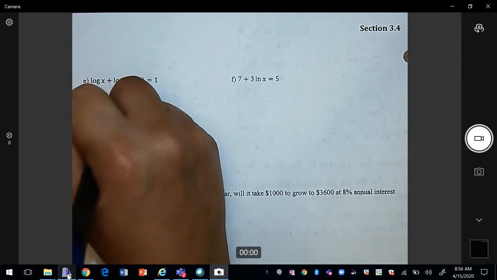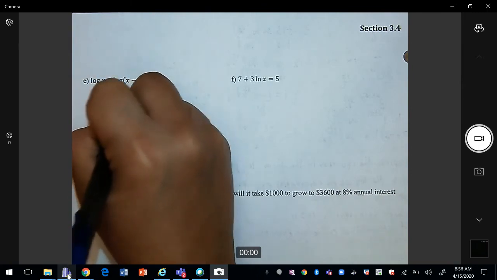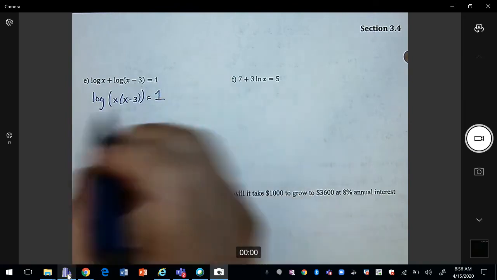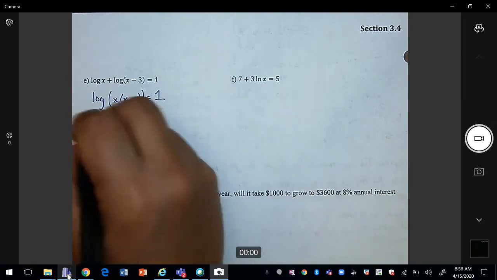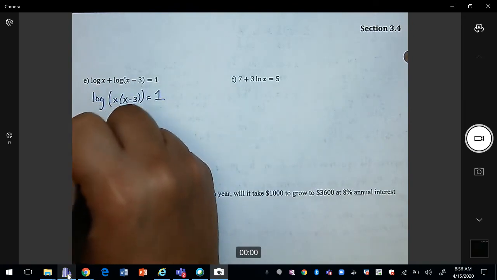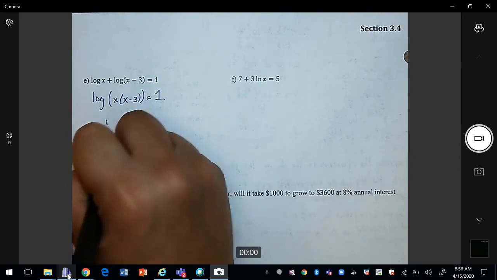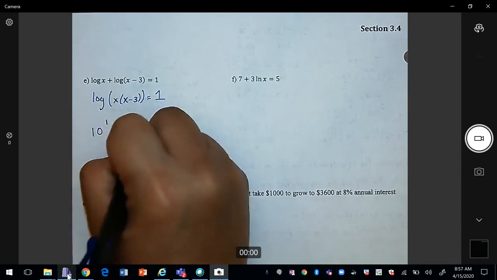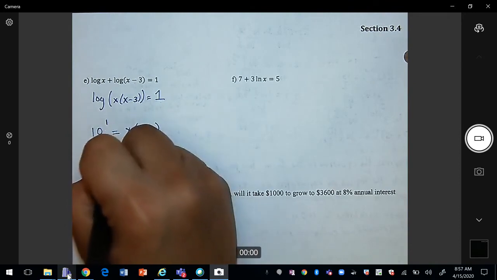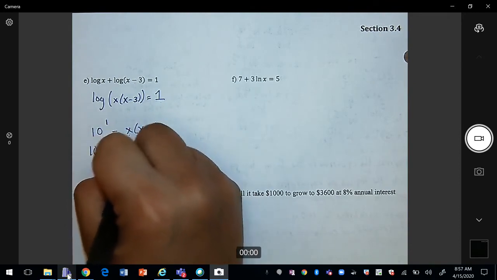Since they're being added, I'm going to multiply them. And I'm going to change this to exponential. My base here is 10. The log is equal to my exponent. So x times x is x squared minus 3x.